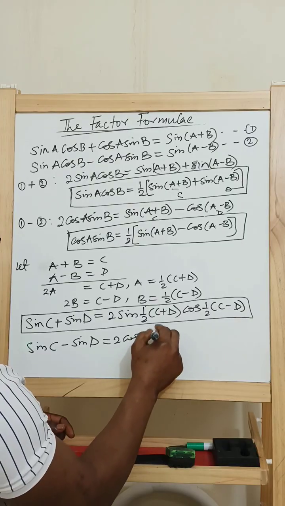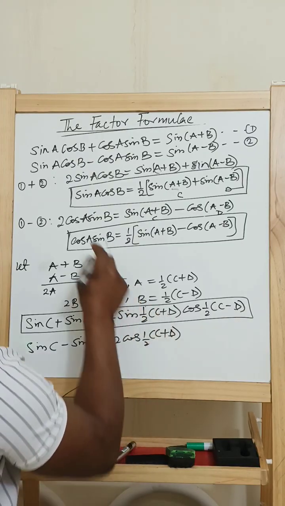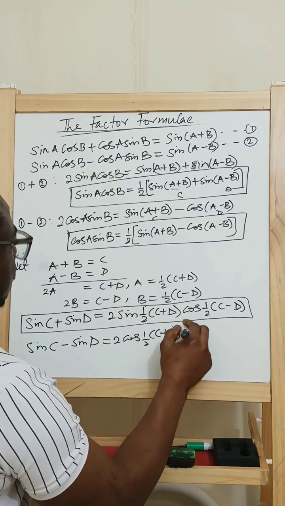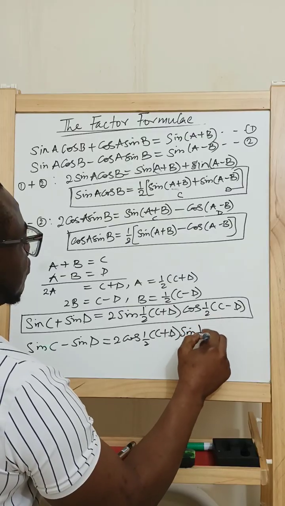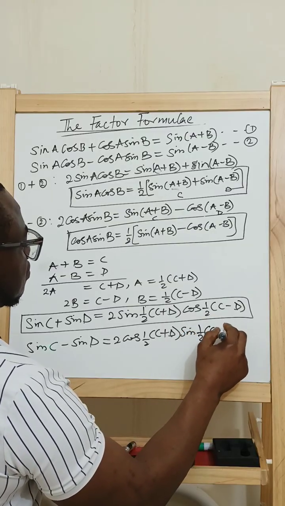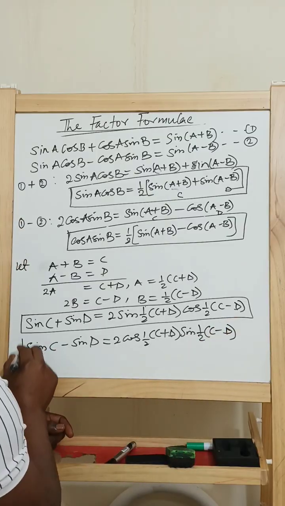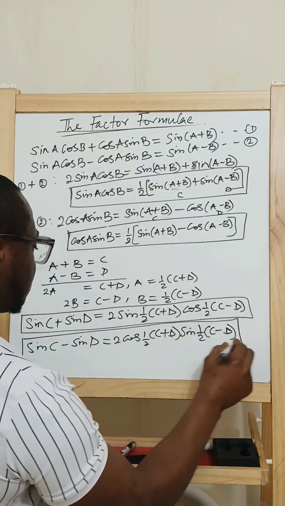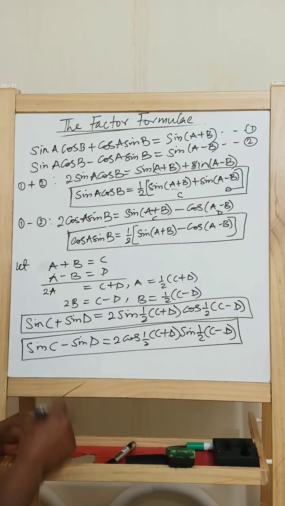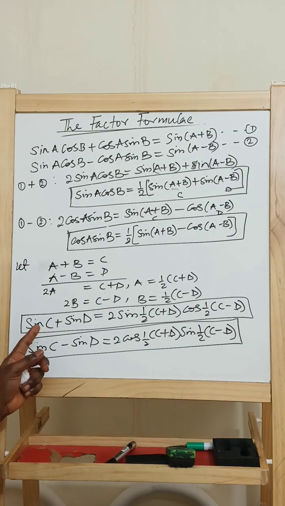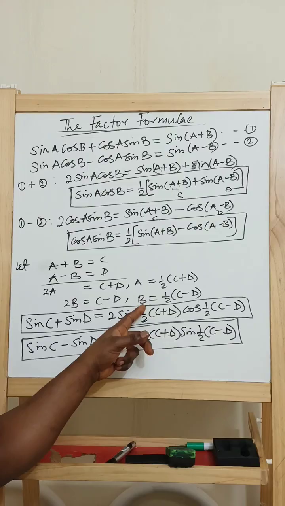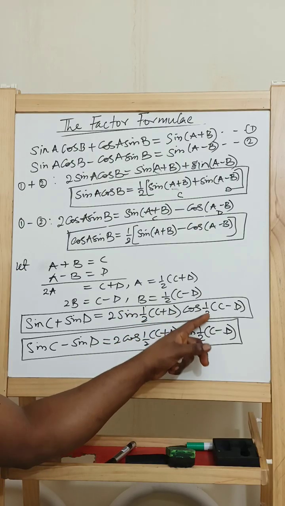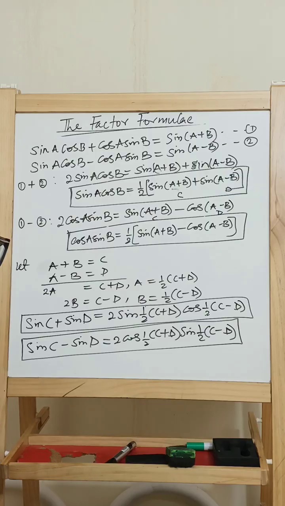Half of C plus D. And then B is what? Half of C minus D. So when it is negative, we now have sine C plus sine D is 2 sine half of C plus D cos half of C minus D.